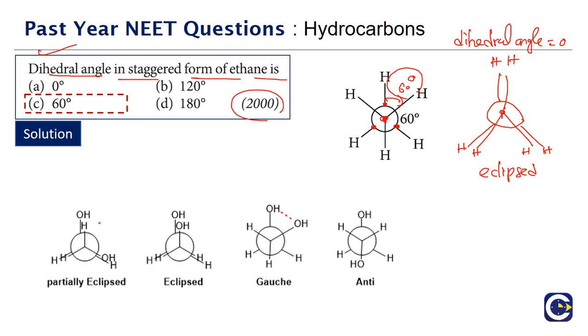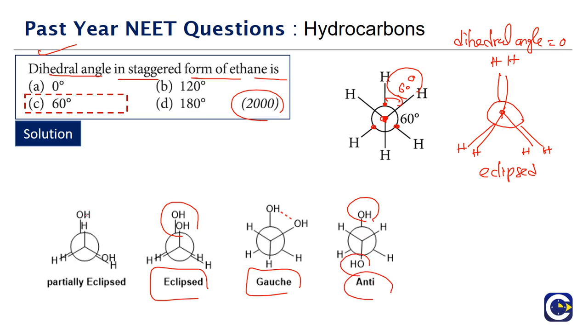So we see that the arrangement where the OH groups exactly align with respect to each other, this is the eclipsed. Okay, and if we move it relatively, then we are going to get the gauche form. Then when the OH group on the backside carbon and the OH group of the front carbon are exactly on opposite sides in terms of orientation, then we will call it the anti-arrangement.